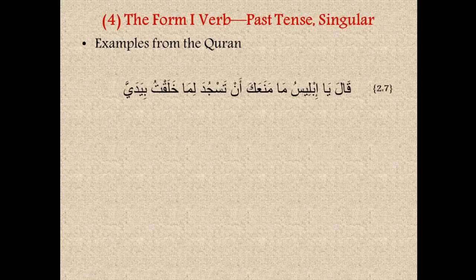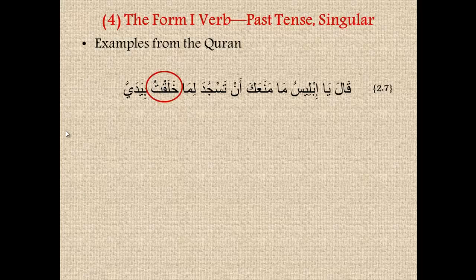We have some more examples. قَالَ يَا إِبْلِيسُ. Allah says, Ya Iblis, ma mana'aka, what prevented you from prostrating to that which I have created with my two hands? The verb here is khalaqtu, which we conjugated earlier. We notice the tu at the end.